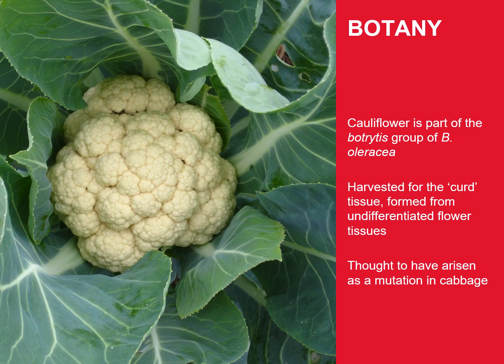So you can see the individual flowering heads forming, whereas in cauliflower it's just an undifferentiated mass of tissue. It's thought to have arisen as a mutation in cabbage plants, and it's been utilized ever since for this trait.